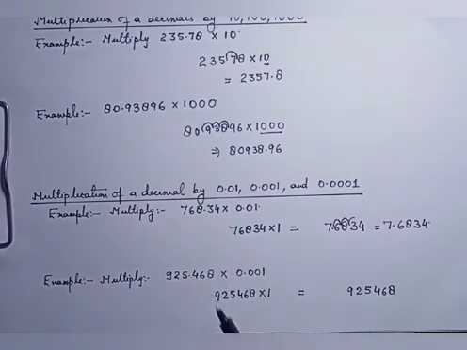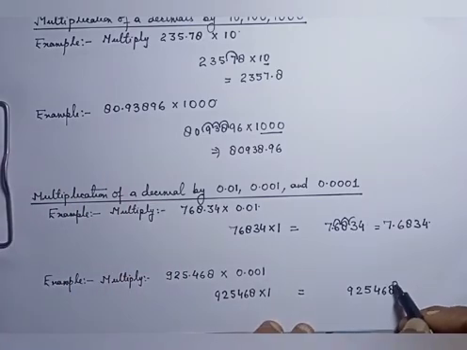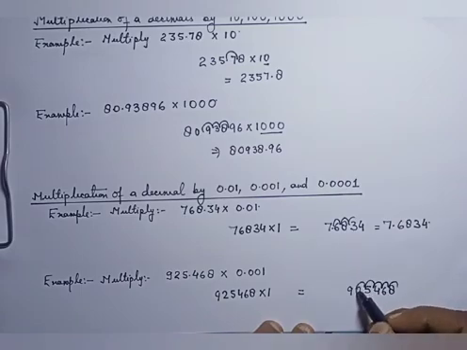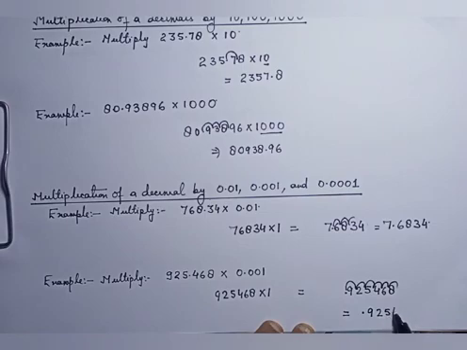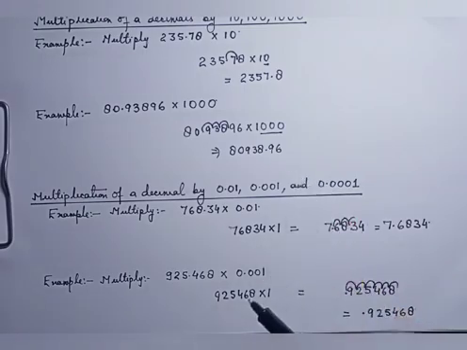So 3 plus 3 makes 6. So from here we are going to start moving towards the left: 1, 2, 3, 4, 5 and 6. So the answer that we are going to get is 0.925468. I hope these two methods are very much clear to everyone.